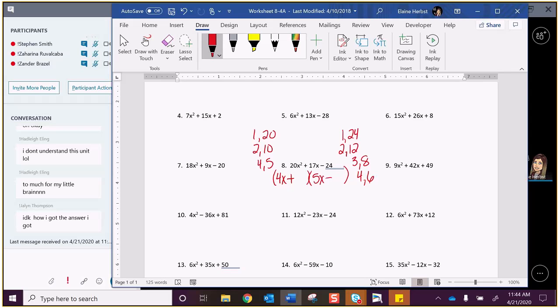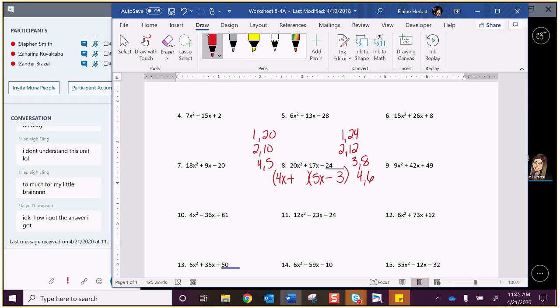So let's try something like the 3 and the 8. I'm going to put the 8 here, I'm going to put the 3 here, and now I'm going to check. This is 40x, that's pretty big, minus 12x. Well, 40 minus 12 is what, 28? Yeah, 28. And that's still not 17.